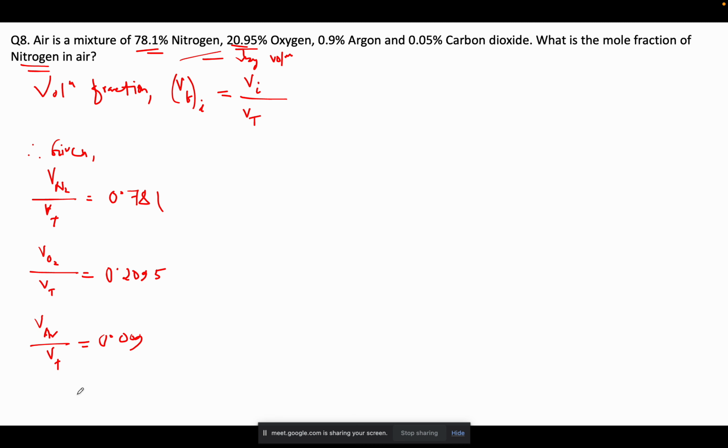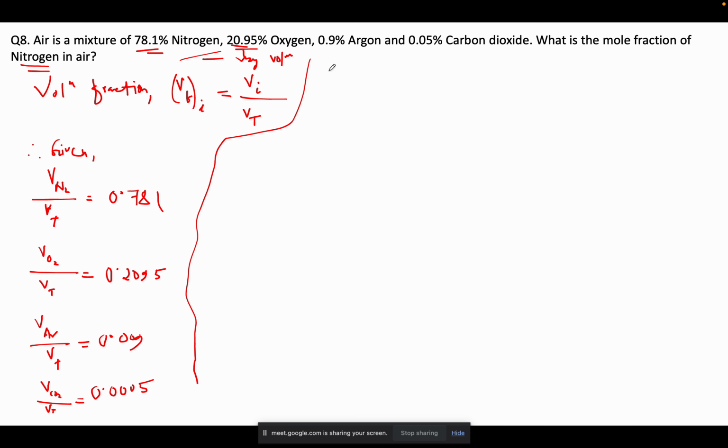And V carbon dioxide divided by V total is 0.0005. Okay, these are the values given to us.